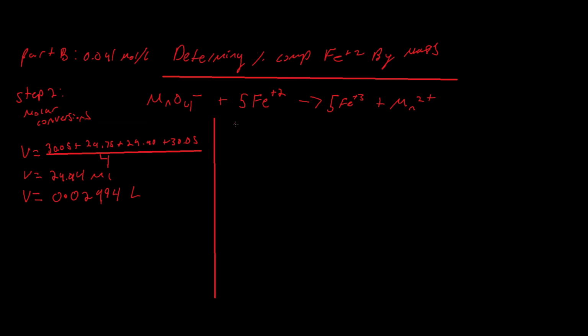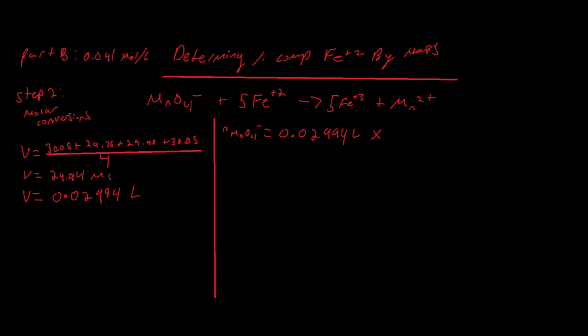So what we need to discover is how many moles of MnO4 we have. So this would be this number here in liters, 0.02994 liters times the molarity of our solution, which would be 0.091 moles per liter in our situation.